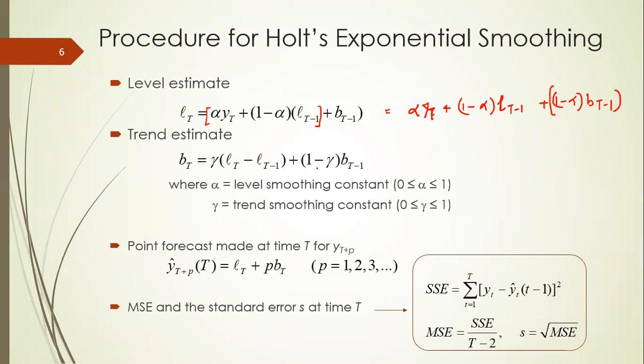So if you see in this format, this was the level estimate in simple exponential smoothing. In case of any kind of estimate, this is the common form. You have the constant, then the data given to you.